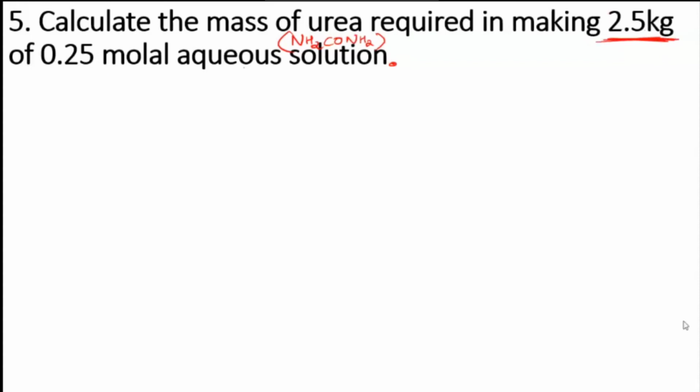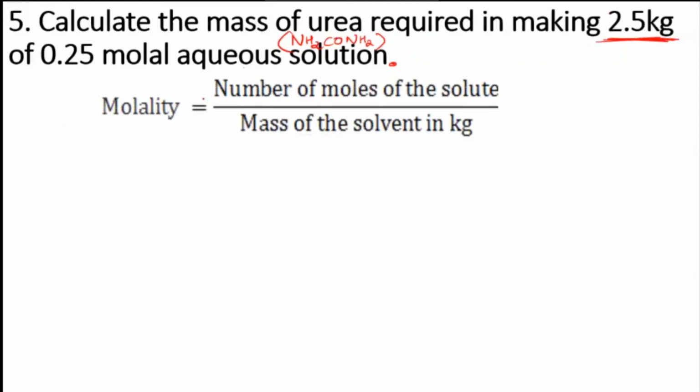So what will be the amount of solute you need to add here? Mass of the solute you need to add. So it's a molality problem. So you can write the formula. Molality is number of moles of solute by mass of solvent in kg. This you can further break and write number of moles, because you need to calculate here mass. They are not asking you molality, they are asking you the mass. So I can break this and write further.